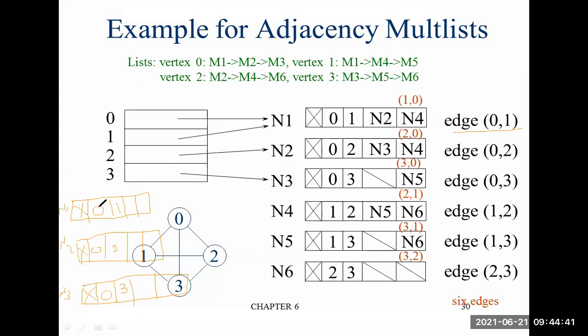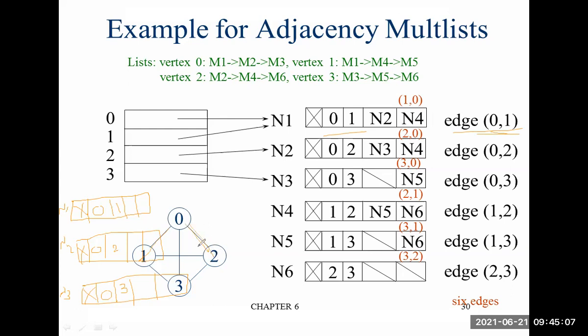So from 0, next path from 0, where to move here? From 0 to 1 we move here. So 0 to 1 we start here. After 0 to 1 is over, then where is the next path? So starting we have considered 0, 1. After 1 is over, then 0 to 2 is there.